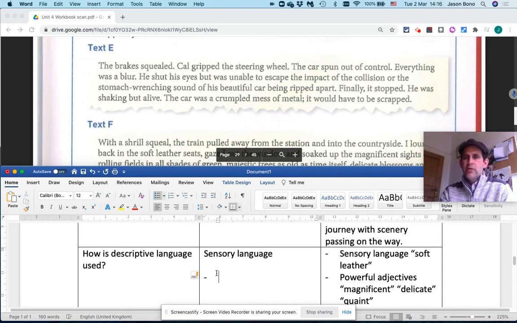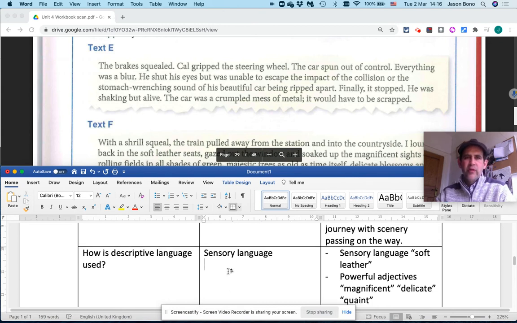Okay, so yes, you have sensory language, but maybe not the number of powerful adjectives, not so many adjectives. It's more about the verbs. Okay, I would say the verbs help to describe the action because this paragraph is really about the action, I think.